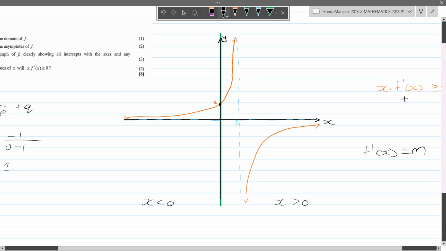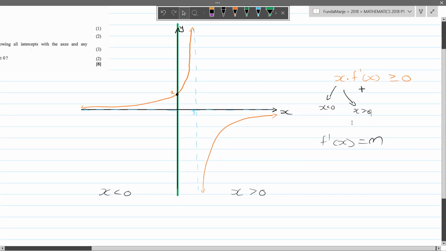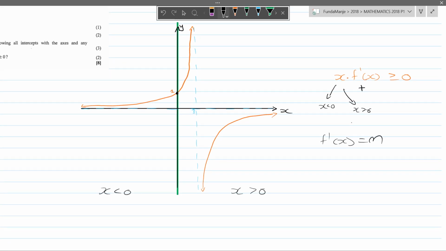But x can be both negative and positive depending on which side of the x-axis we're on. So it can be both negative when x is less than 0, or it can be positive when x is greater than 0. So the thing that controls this inequality is x, the value of x that we're on.